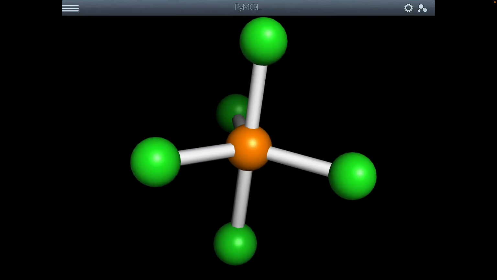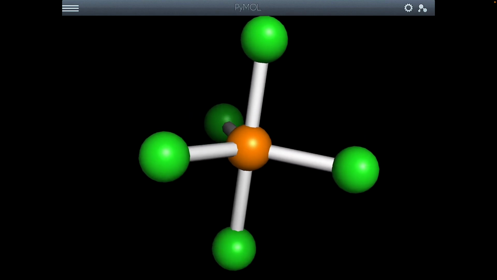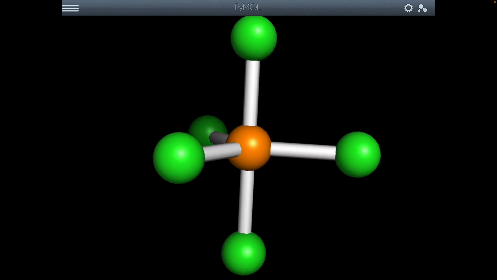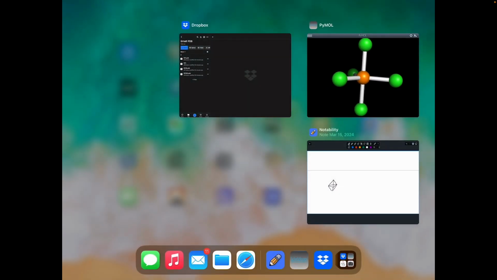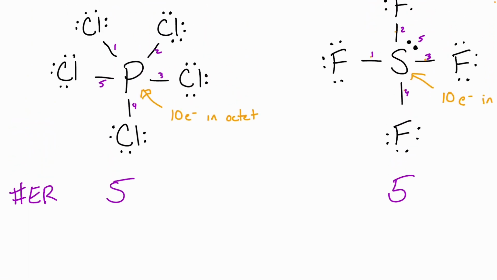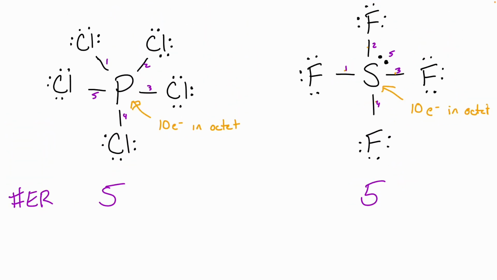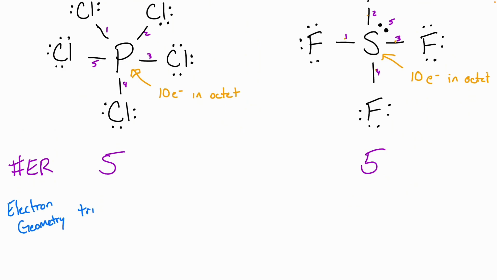That's that trigonal bipyramidal. That's where that name comes from. All right, so you can imagine a pyramid on top of this molecule with that triangle base and a pyramid on the bottom with a triangle base. So then which of these molecules, they both have an electron geometry that's trigonal bipyramidal.